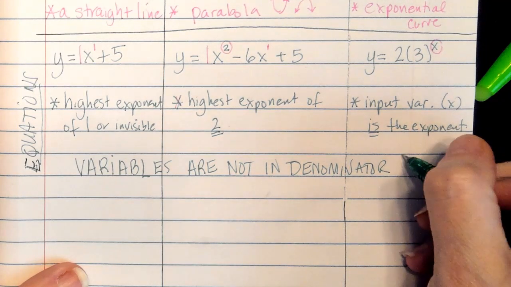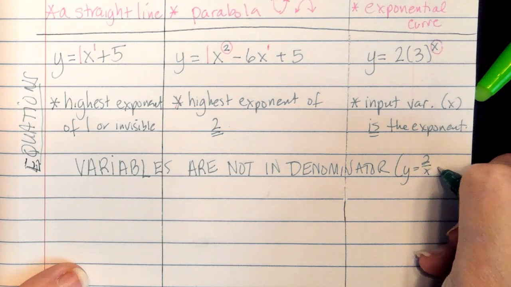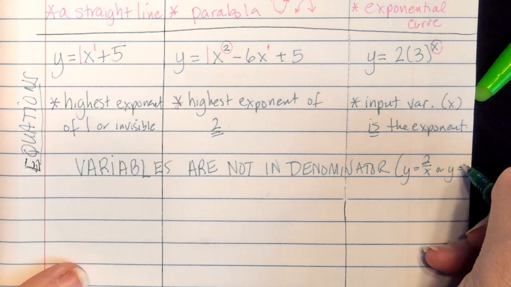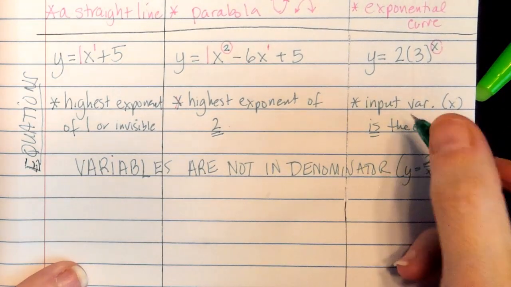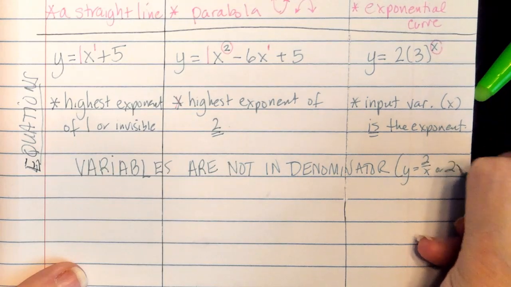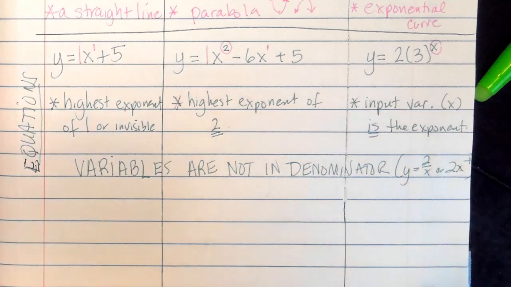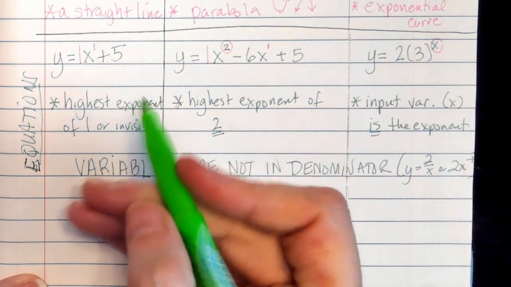We'll say like y equals 2 over x, or let's just not do the y equals because I don't have room for that, or 2x to the negative 1. Okay, so we're not going to have negative exponents. We're not going to have variables in the denominator. And again, this is so important, I'm going to highlight it.